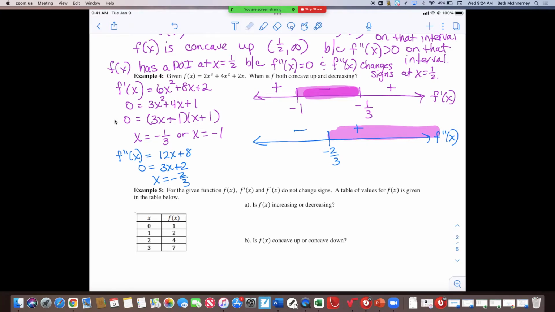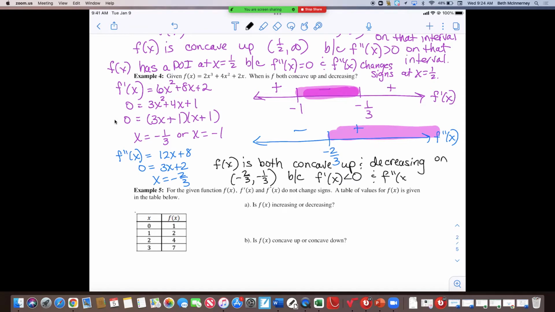So we're going to say f of x is both concave up and decreasing on the interval -2/3 to -1/3 because f prime of x is negative there and f double prime of x is positive there. On that interval.